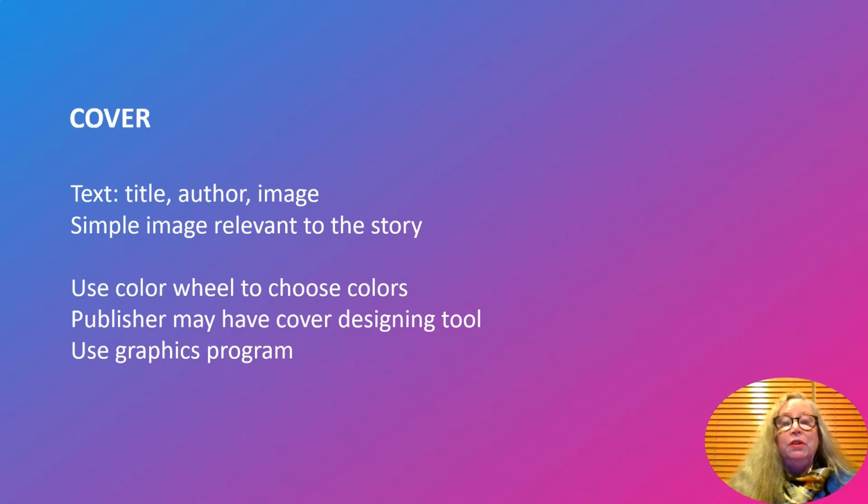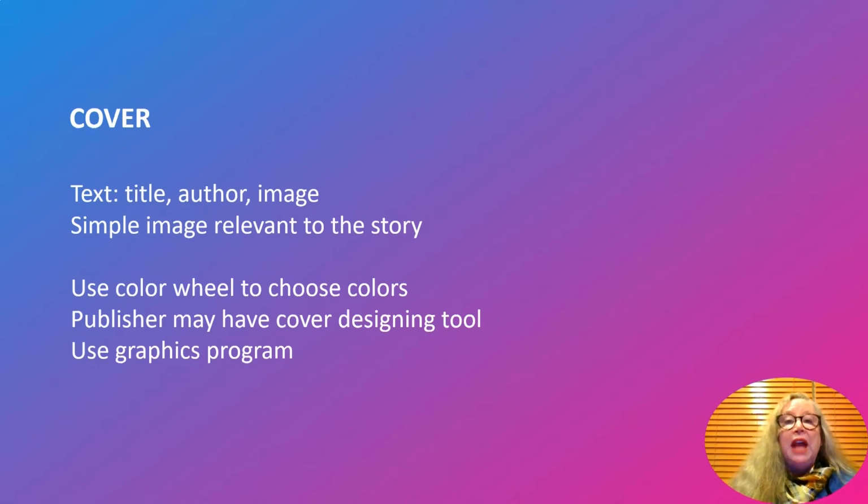You want to include, at a minimum, the title, the author, and an image. Sometimes you don't even need an image. It is nice for a young person's book. You want an image to be simple and definitely relate to the story. Now, in the handout, I've put a link to a place that describes how to use color wheels.